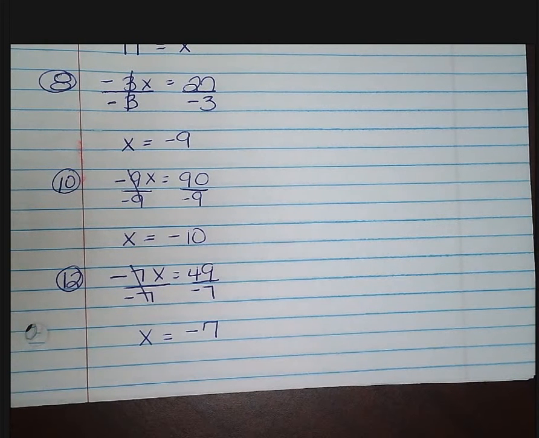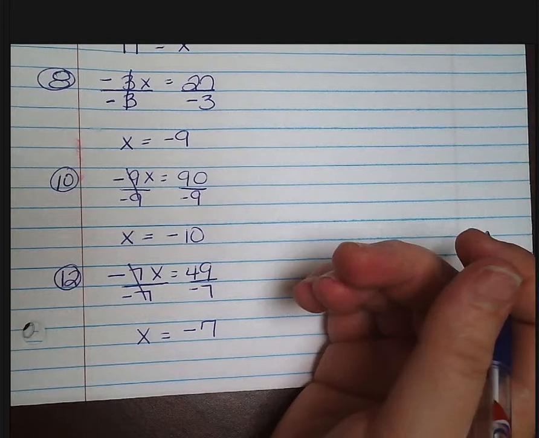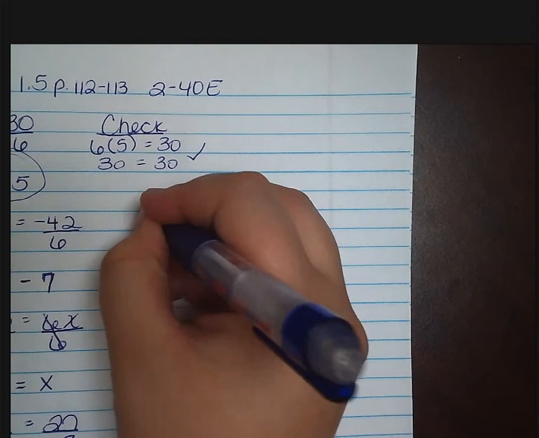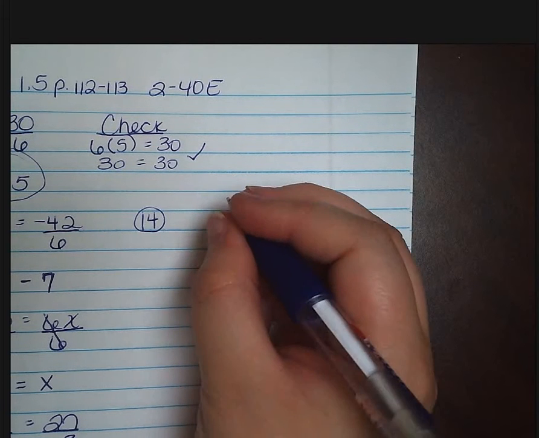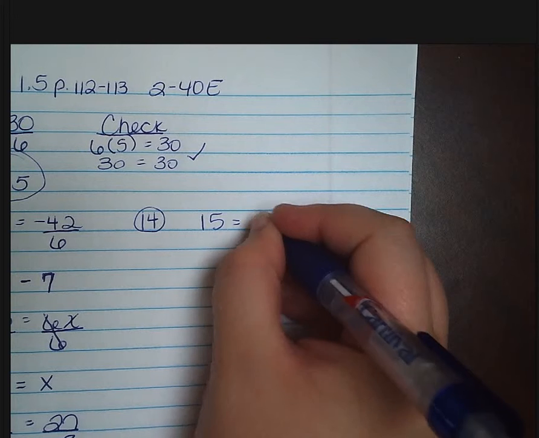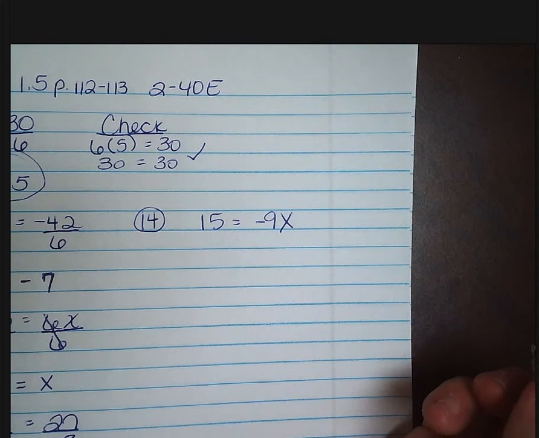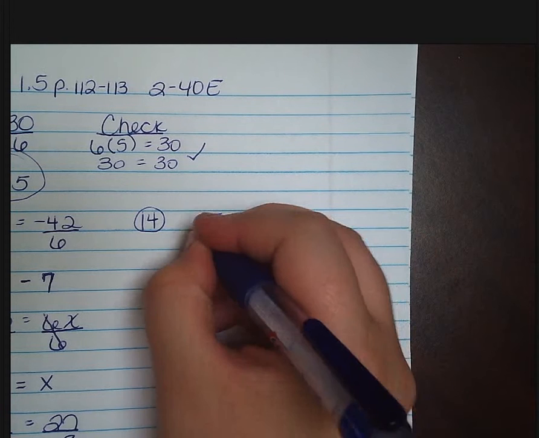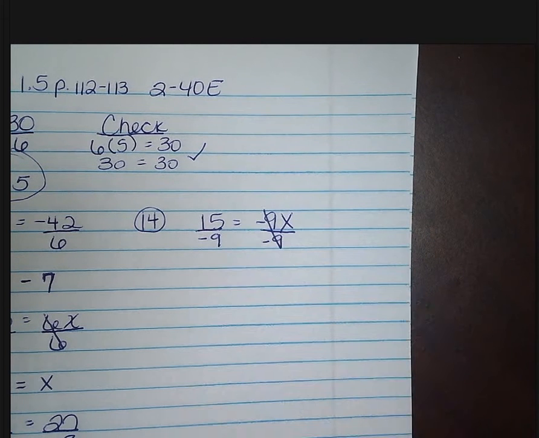Now let's look at problem number 14. All right, problem number 14 is a doozy, and it normally gets everyone who tries it. Remember, the whole goal is to get that x by itself, so we're going to divide by a -9 on both sides.